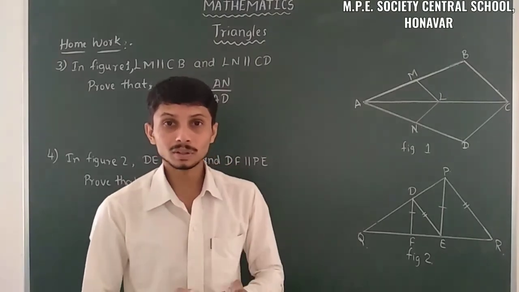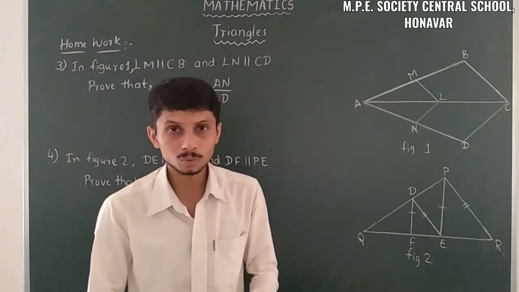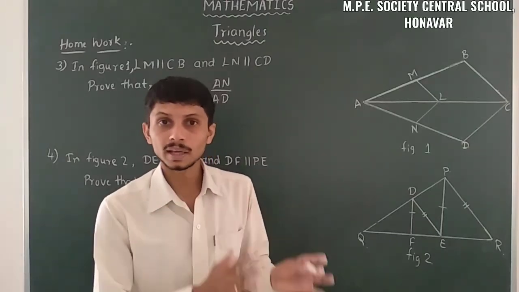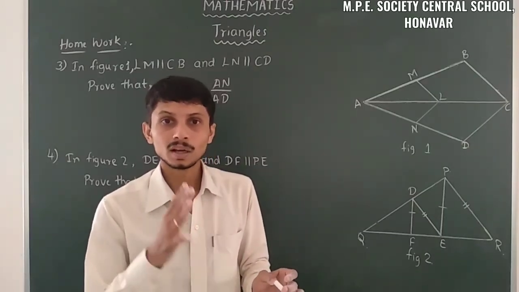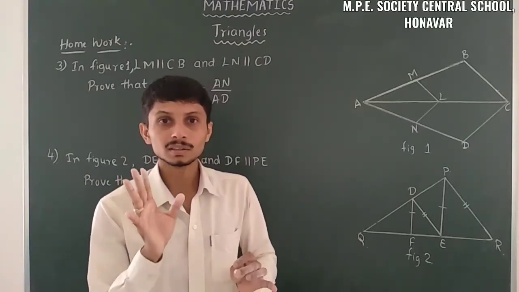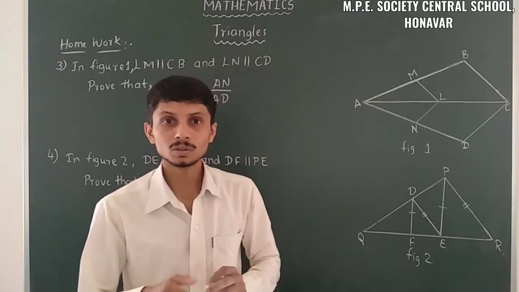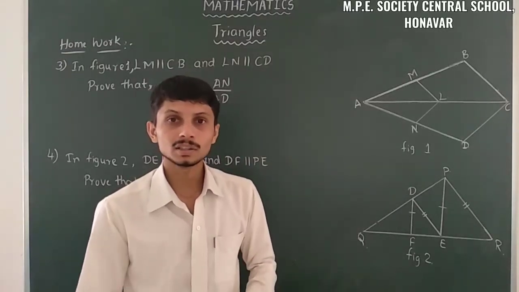In each and every case, we have to write what is given, what we have to prove, and then write the proof. When you take theorem 6.1, you have to write the statement in each case. I hope you understood this.